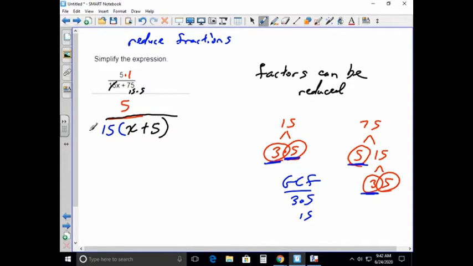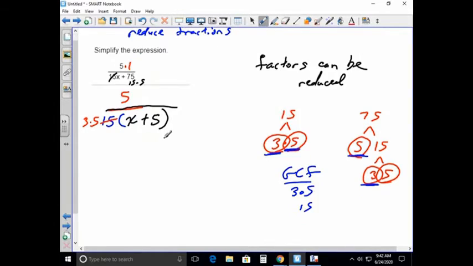Keep in mind, 15 is 3 times 5. Normally, I wouldn't break it apart that far, but just to illustrate a point. MyMathLab is going to make this way harder than it has to be. We have this factored, and we can reduce it at this point.